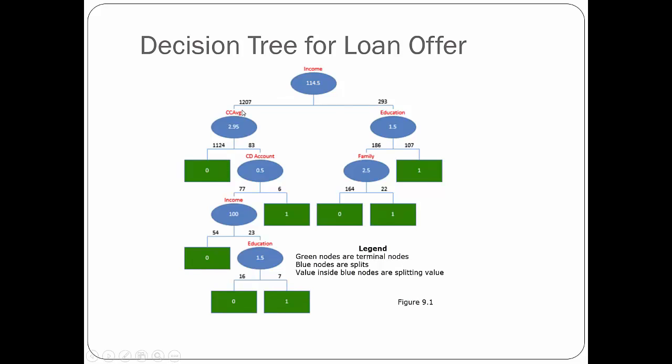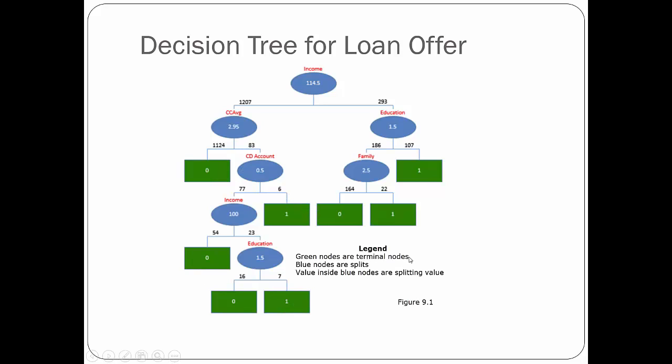Then you go to the next level. There is another rule based on another predictor. If you go this way, then the tree comes to an end, which means you have a decision. Here the classification is class equal to 0. If you go this way, there are further levels of rules that you have to evaluate, and you keep going until you get to the green rectangle.